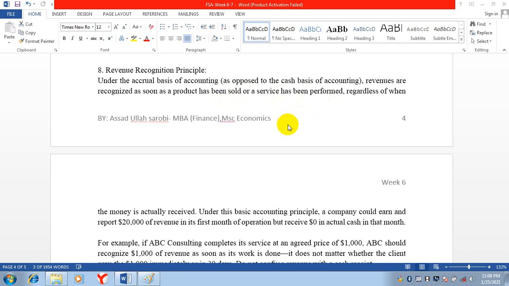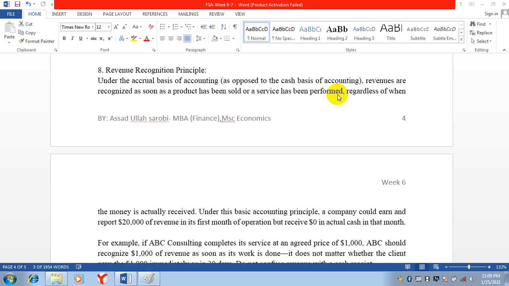In cash basis of accounting, revenue will be recognized only when cash is received or cash is paid. But here, revenue will be recognized when the product has been sold or the services have been performed. This is the revenue recognition principle.